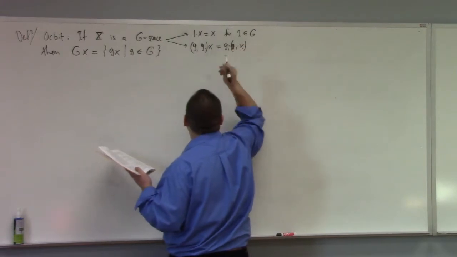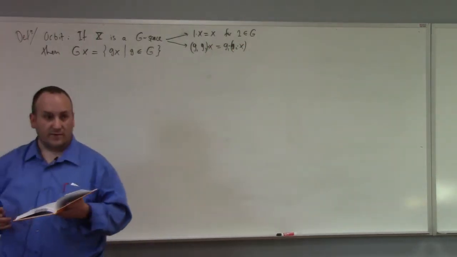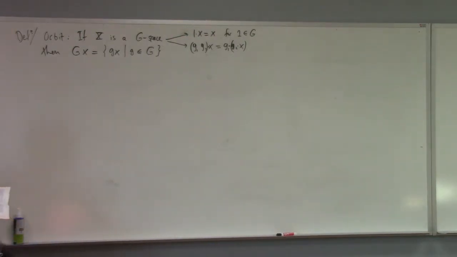So the difference between the left-hand side and the right-hand side is that there's one group multiplication followed by one action of that group element on the space X. In contrast, on the right, we let the group element g2 act on x, move it, and then we let g1 act on that point which has been moved in the space X. Okay, so those give us the same output.